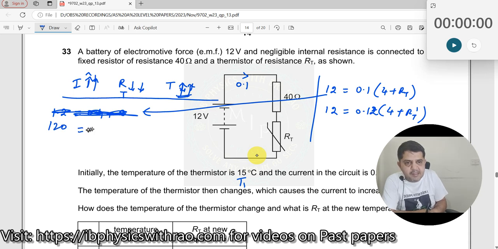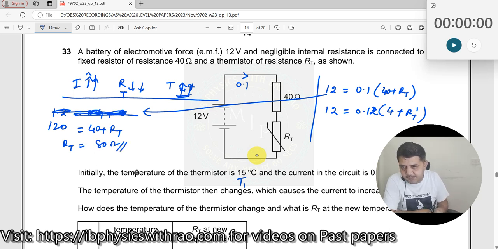It is 40 here, so 120 equals 40 plus RT. So RT should be 120 minus 40, which is 80 ohms.